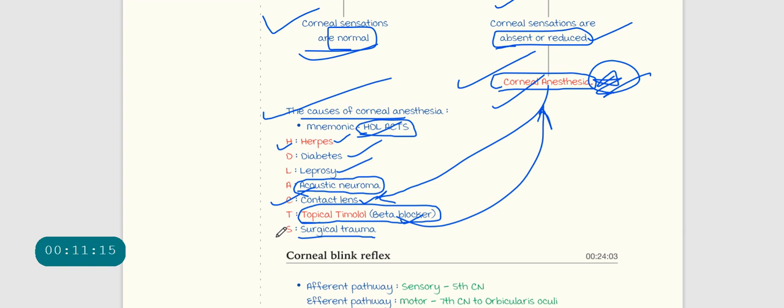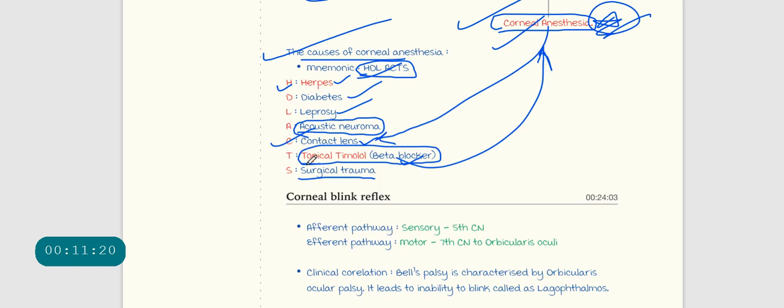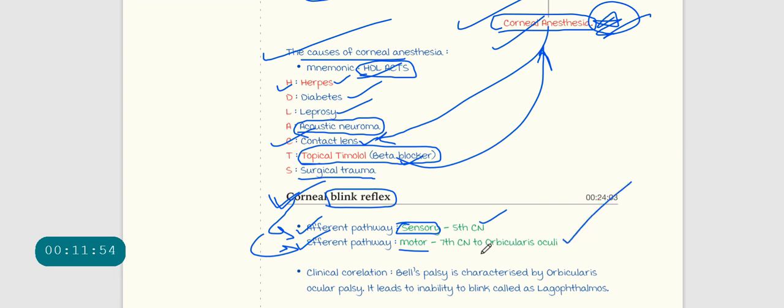Now there is something that is the corneal blink reflex. This corneal blink reflex comes due to a sensory and a motor stimulation. The sensory is the afferent pathway and the efferent pathway is nothing but the motor. The sensory signals are received by the fifth cranial nerve, as we studied. The motor response is carried by the seventh cranial nerve to the orbicularis oculi. Very simple. Now what is the clinical correlation?